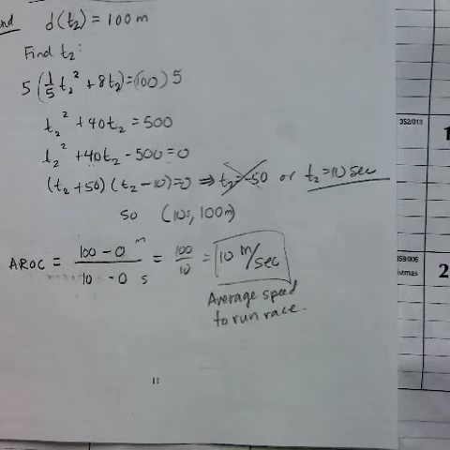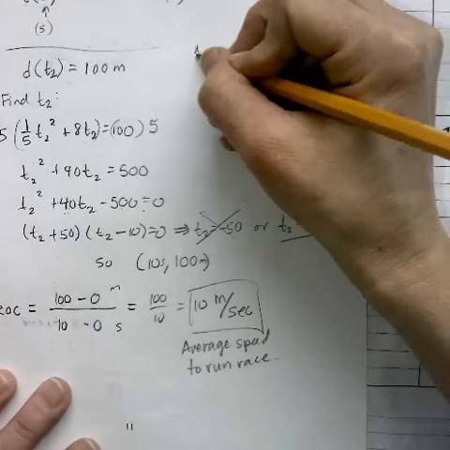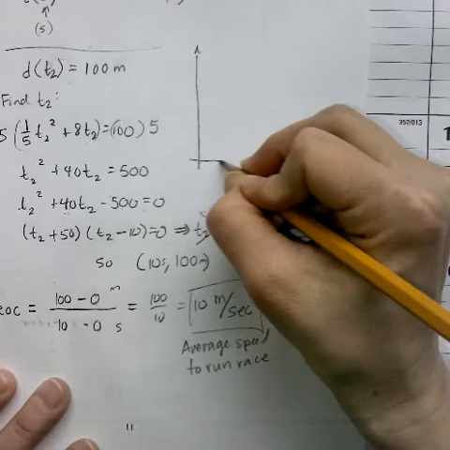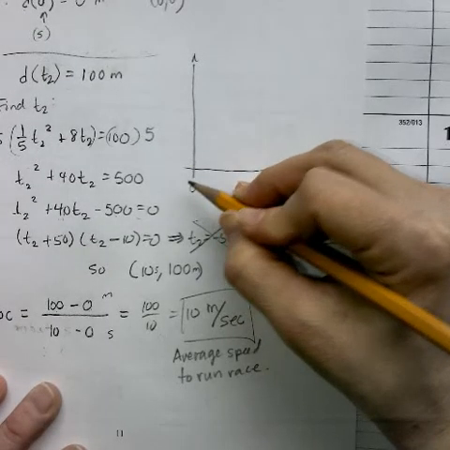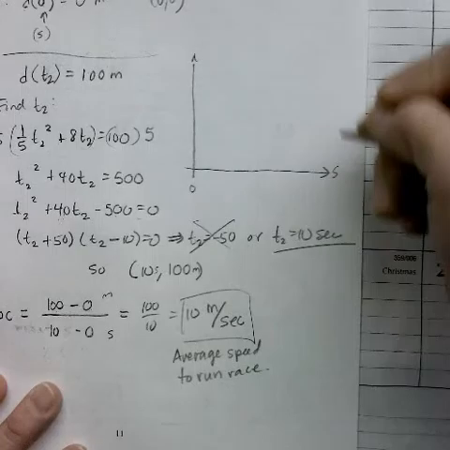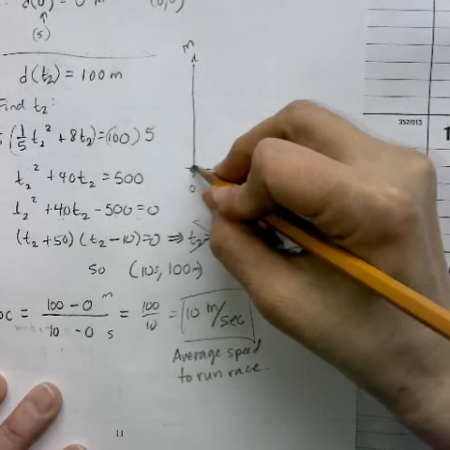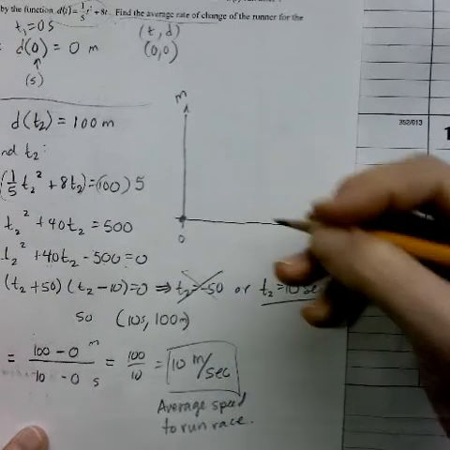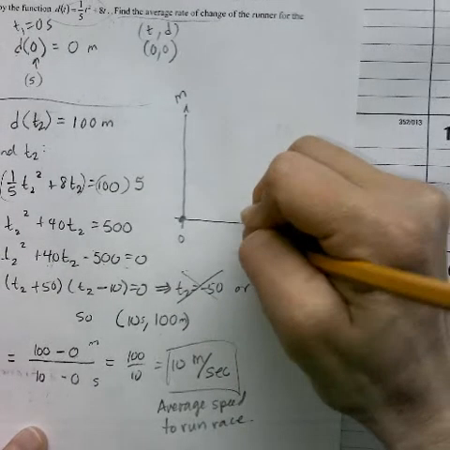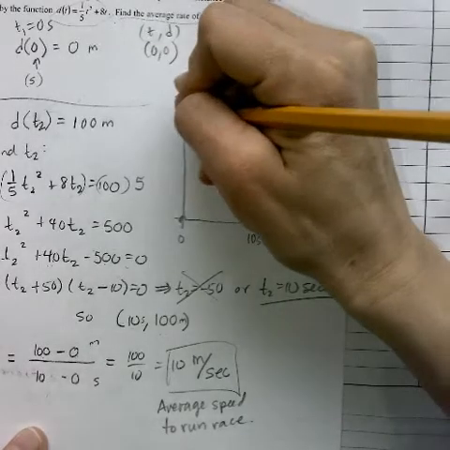If you think about the graph here, I'll just do a quick sketch. So when you plugged in 0 seconds, this is seconds and this is meters, he hasn't started yet, so you've got a position of 0. And then after, let's just put 10 seconds here. Now this isn't going to be to scale, but let's say this is 100 meters here.